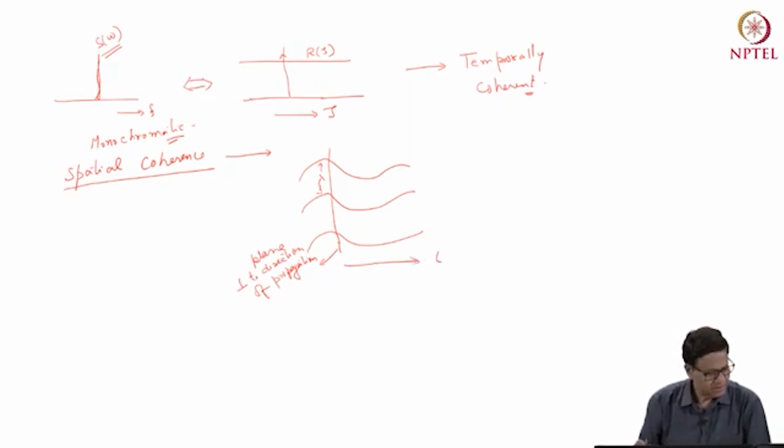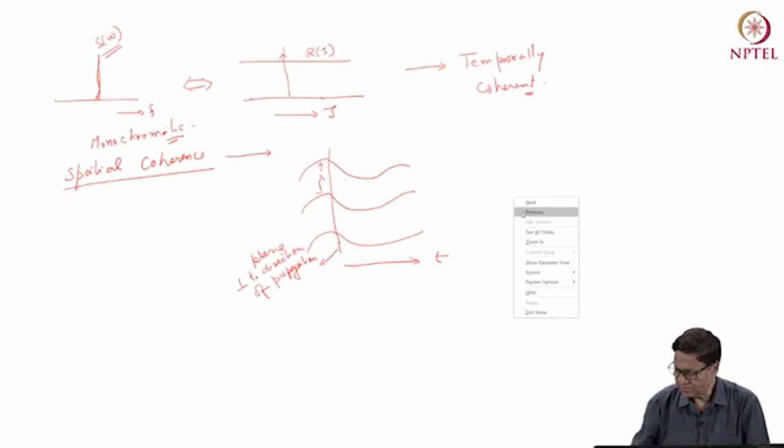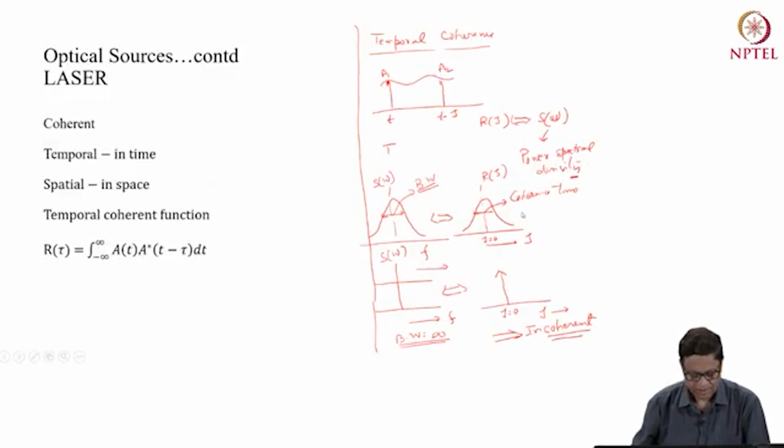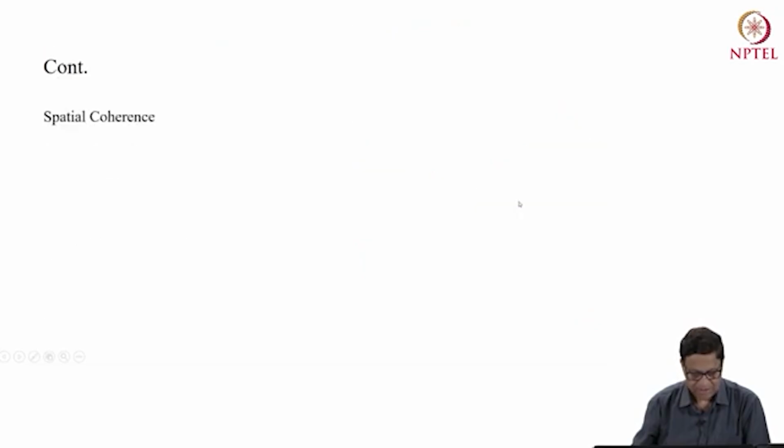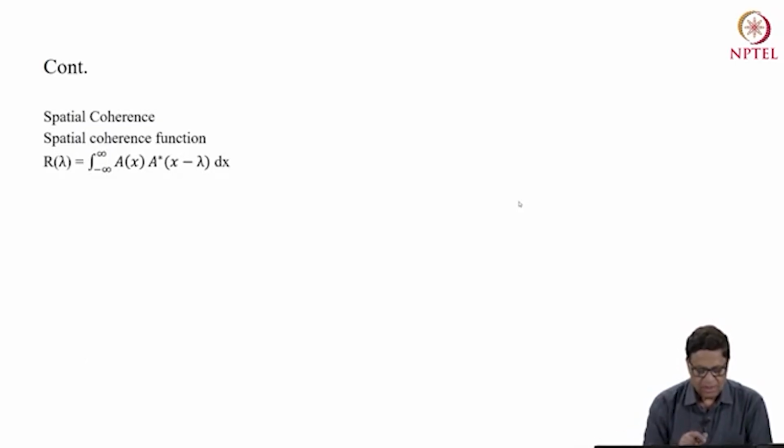Now, the coherence function in this case will be defined as R(lambda) equals A(x) into A conjugate (x minus lambda).